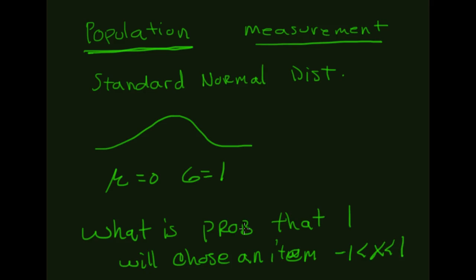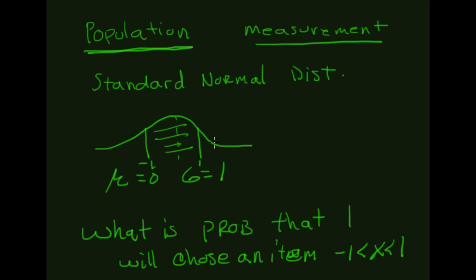Alright, so this means that I want to know what is the probability that, if this is the mean at 0, I am between -1 and 1, which should be the area of this portion of the curve.